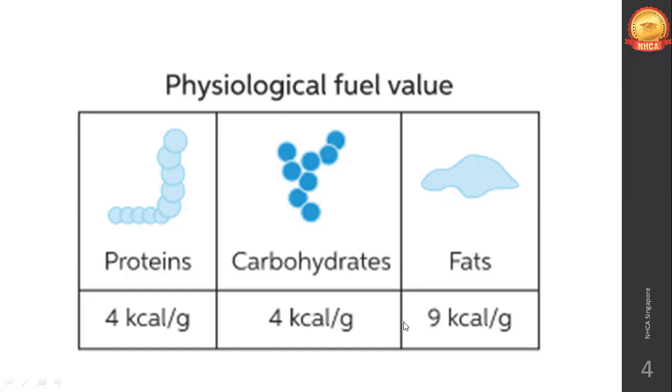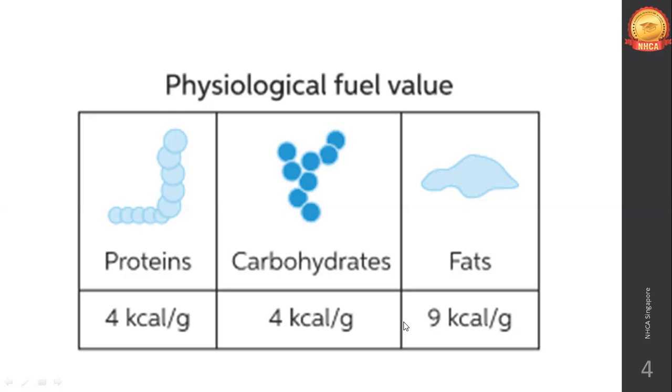For example, if you are burning proteins outside the human body in a laboratory, testing how many calories you will get from a protein rich source of food, that can give you around 5.65 kilocalories per gram outside the human body. But within the human body, proteins can give you only 4 kilocalories.